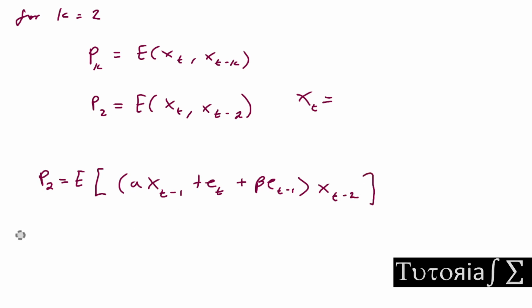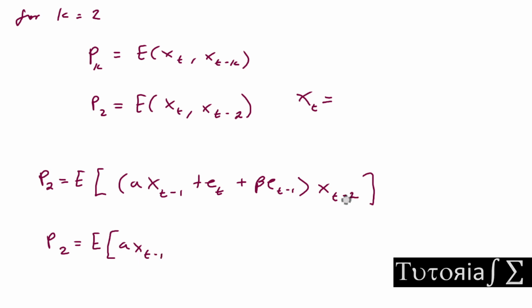Okay, what we're going to have for row 2 is the expectation of, so we can start distributing. So we say this times that will be x_{t-1}.